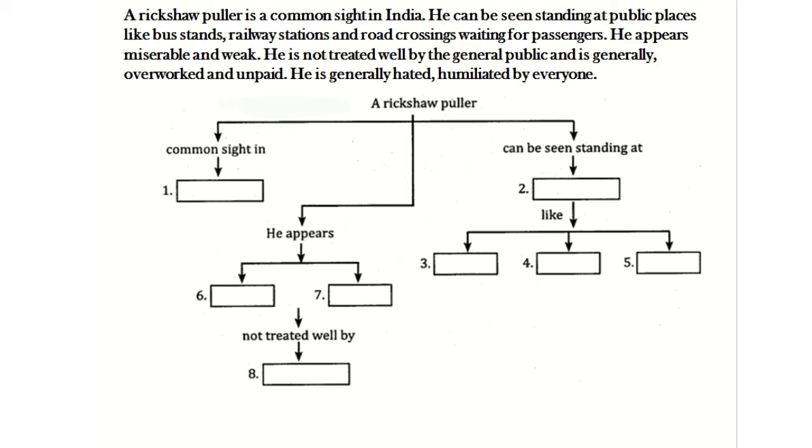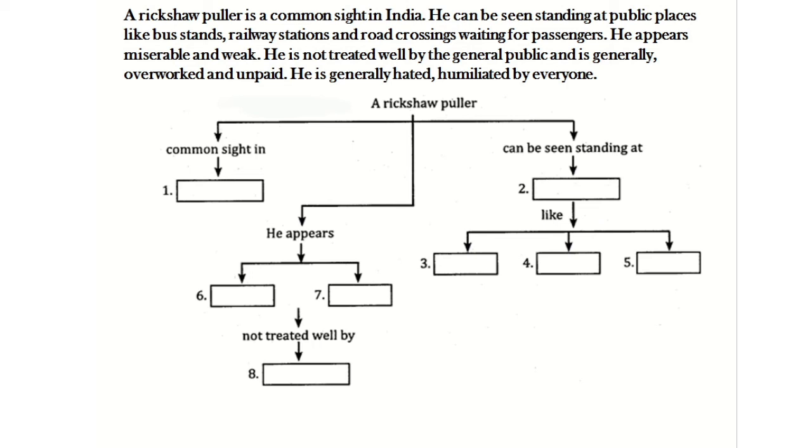And one more, a rickshaw puller is a common sight in India. He can be seen standing at public places like bus stands, railway stations and road crossings waiting for passengers. He appears miserable and weak. He is not treated well by the general public and is generally overworked and underpaid. He is generally harassed and humiliated by everyone.